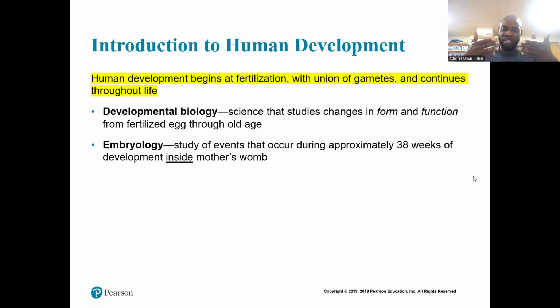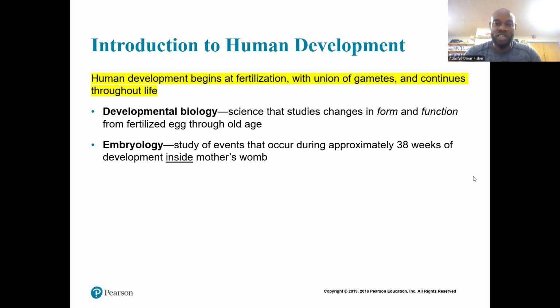So you have the sperm, you have the egg, fertilization happens, and at that point, life has started as far as science is concerned. I know some people want to argue outside of science when life begins, but as far as science goes, we start at that point because that single celled organism has all the DNA it needs, and now it's going to just start to divide and form into the human beings that we are.